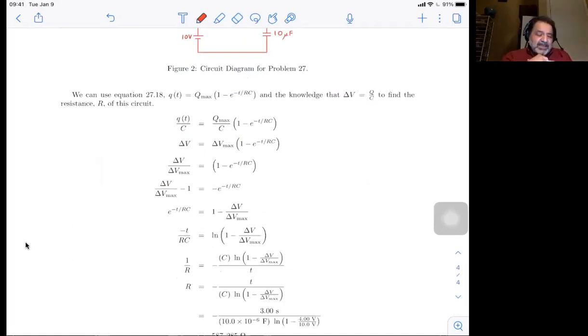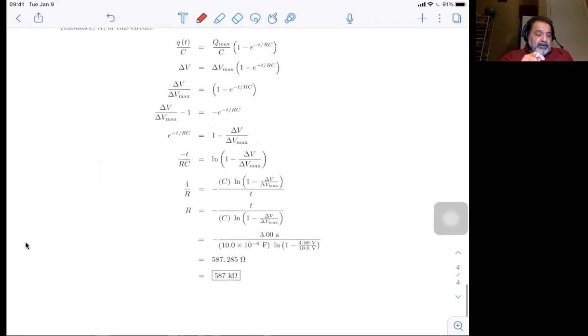Now we subtract the 1 from both sides, so we get delta V over delta V max minus 1 equals a negative e to the minus t divided by RC. Now if we multiply both sides by minus 1, we get e to the minus t divided by RC equals 1 minus delta V over delta V max.